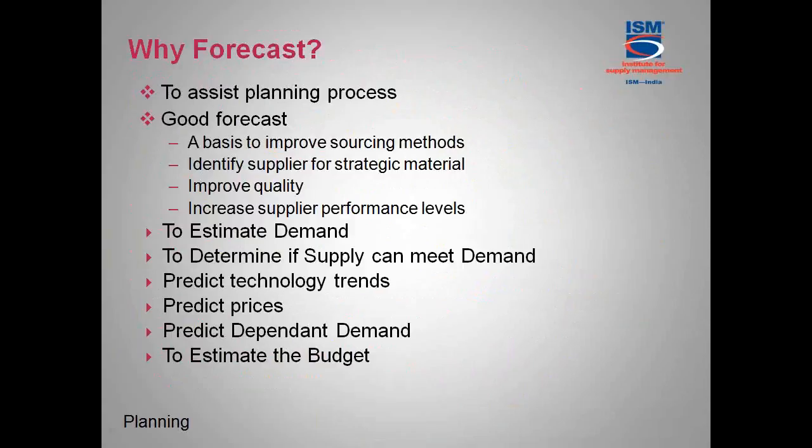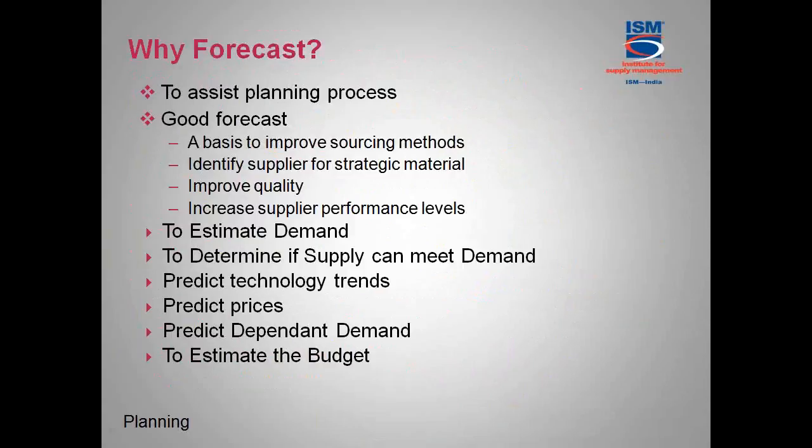When you are aware of your future demand, you can talk to your supplier. If they can supply as per your requirement, fine. If they are not ready, then you can search for alternate suppliers. We can also forecast to predict technology trends. Technology is changing very fast.